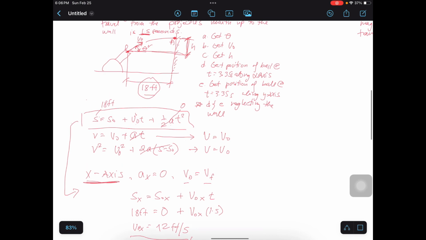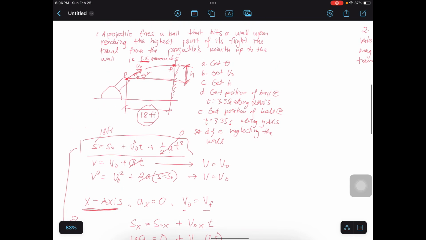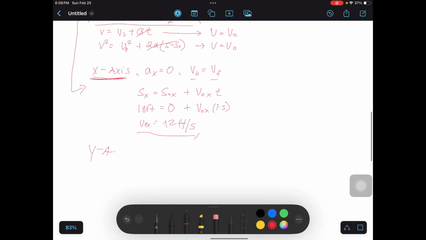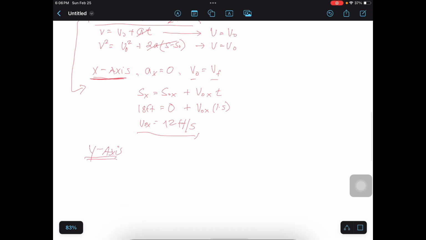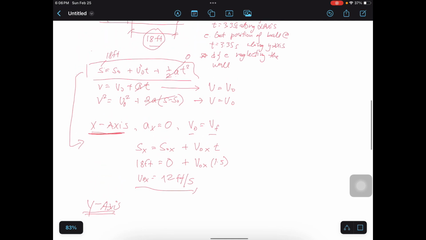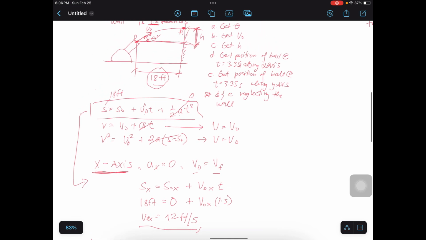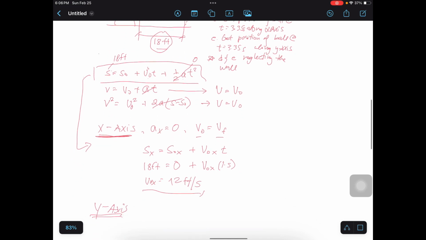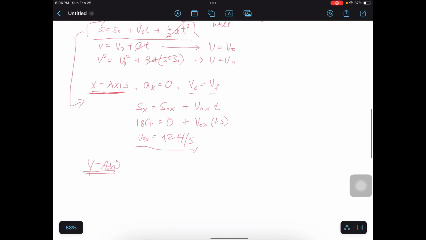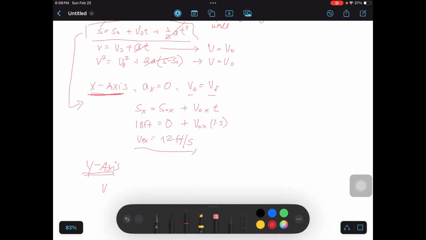So, meron na tayong VOX. And then, punta na tayo sa evaluation ng motion along y-axis. So, y-axis tayo. Ano ang equations na pwede natin gamitin to get any values along y? So, let's use V equals VO plus AT.